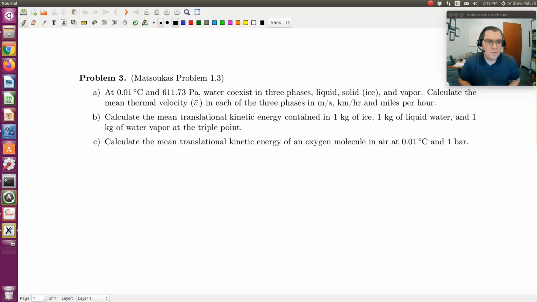So a key feature of the Maxwell-Boltzmann distribution is that my average velocity is only going to be a function of mass and temperature. Okay, so the mass of my water molecules is exactly the same in all three phases. Water is water, or a water molecule is a water molecule, and the temperature is exactly the same. So regardless of if we're dealing with a solid, liquid, or gas, the mean velocity of water in all three phases is going to be exactly the same, right?